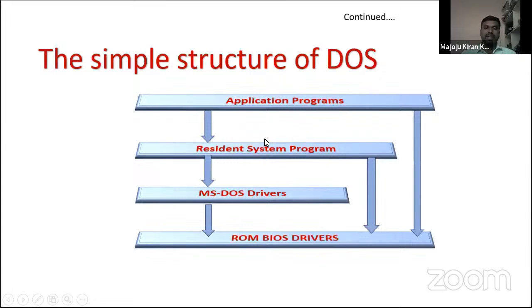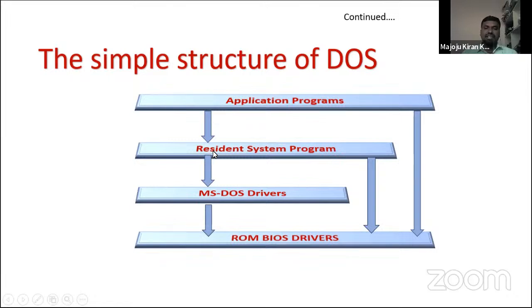Below this first layer, we have the resident system programs. These resident system programs allow the application programs to be executed simultaneously, and they can also have direct access to the hardware devices.